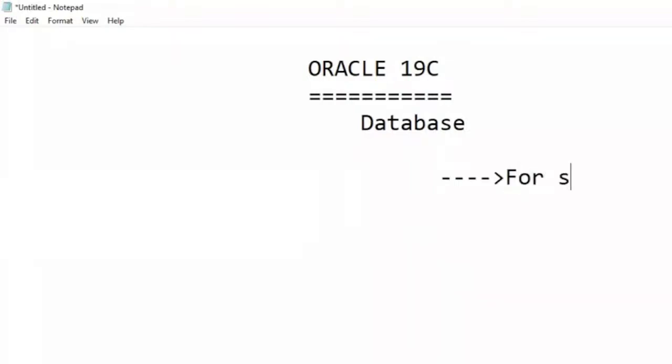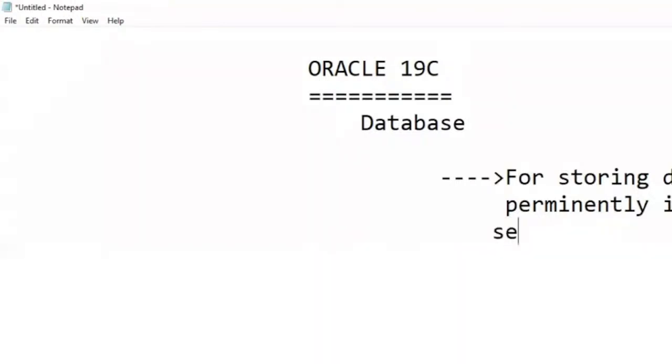For storing data permanently in secondary storage devices. Secondary storage devices means maybe hard disk or the like.